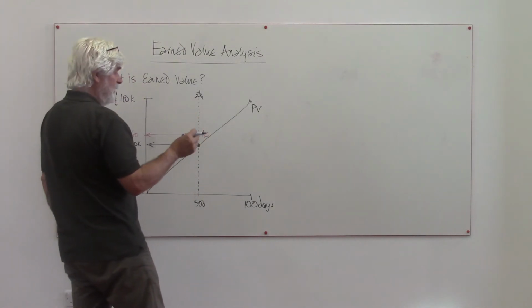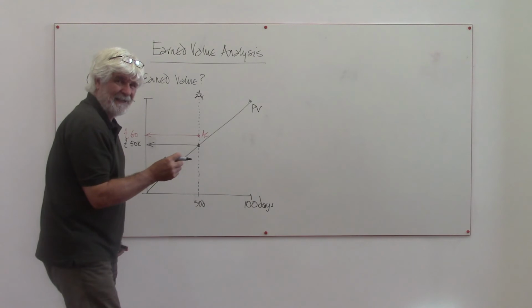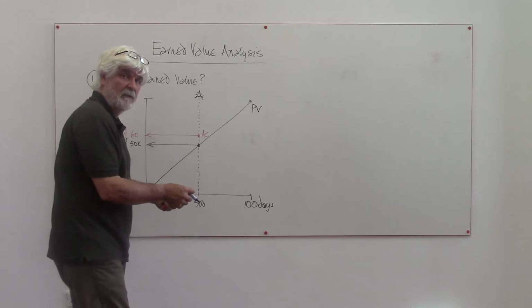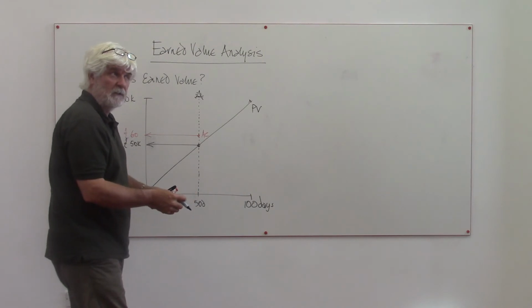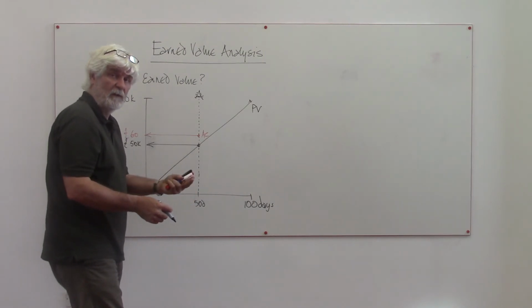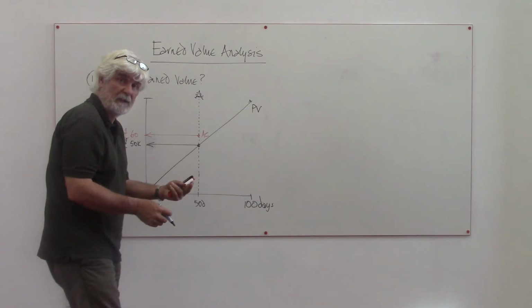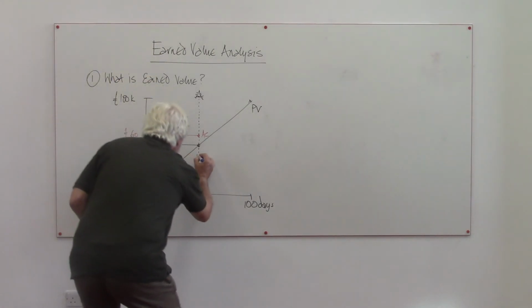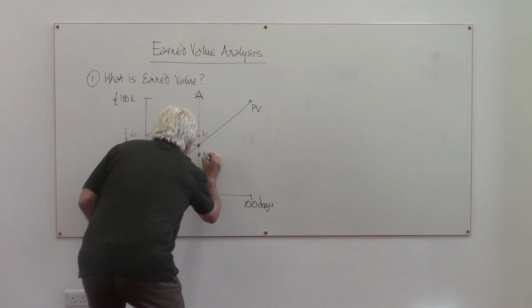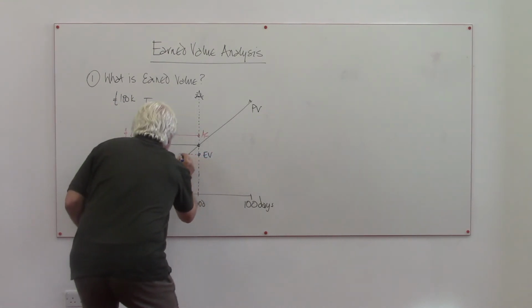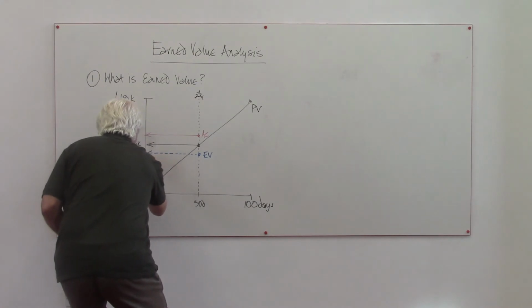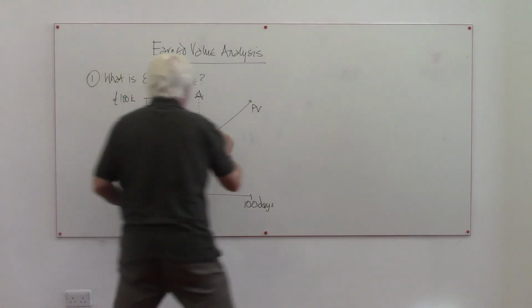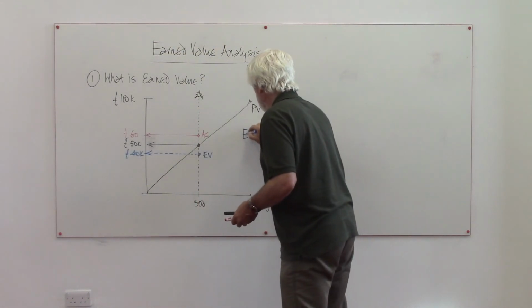The earned value then is, in ordinary speak, what we should have paid for what we've got. So we've done 4. We should have paid £10,000 each, shouldn't we? I think you'll find that's right. So this is the earned value then.